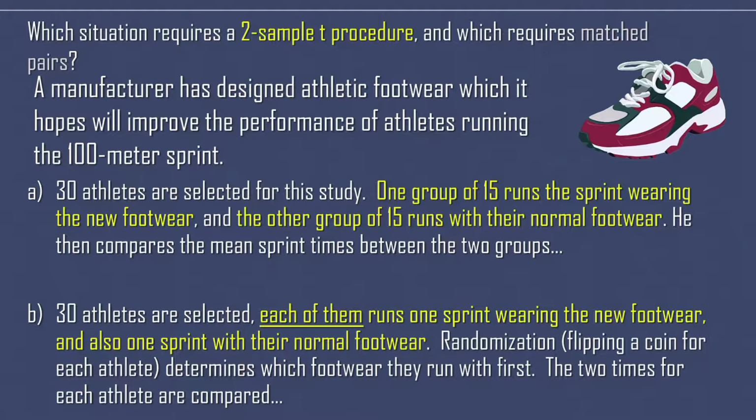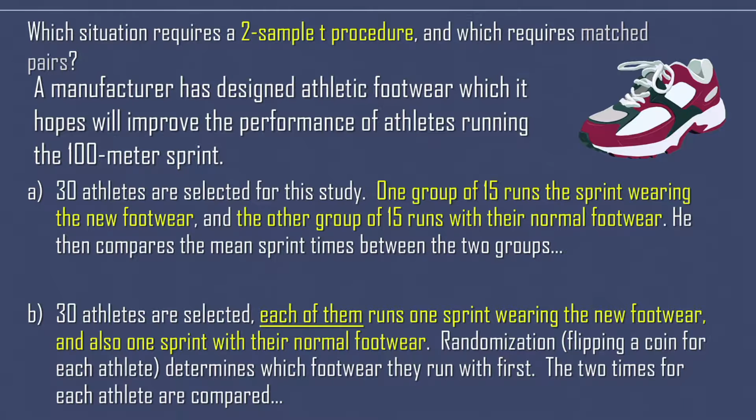Okay. 30 athletes are selected for this study. One group of 15 runs the sprint wearing the new footwear. The other 15 run with their normal footwear. He compares the mean sprint times between the two groups.